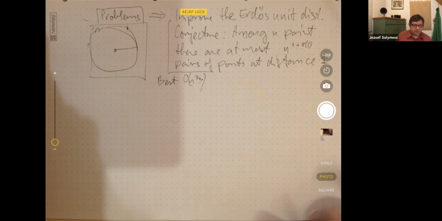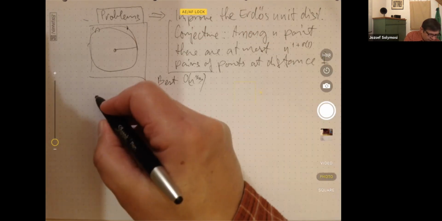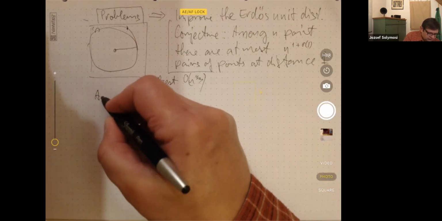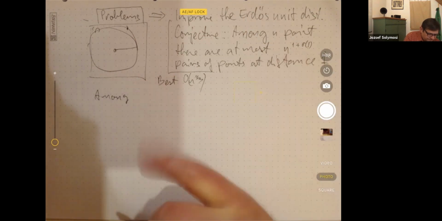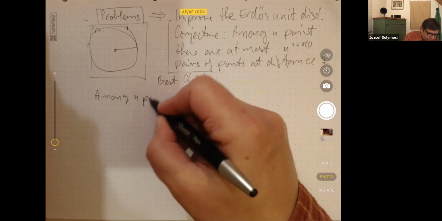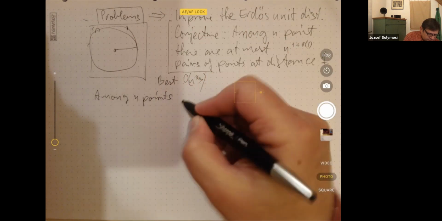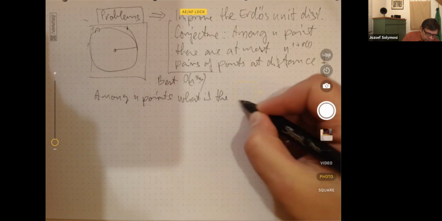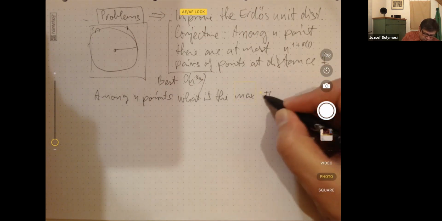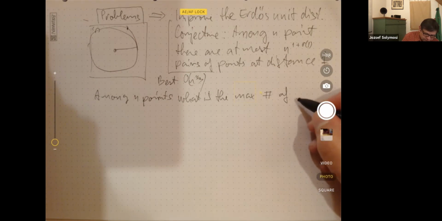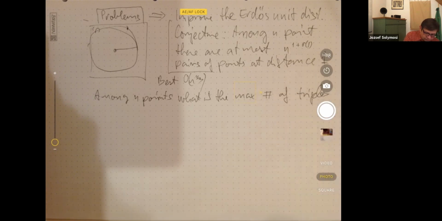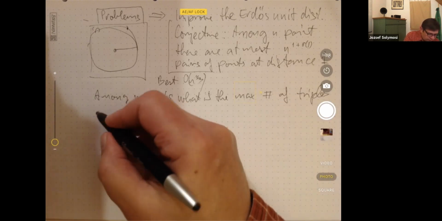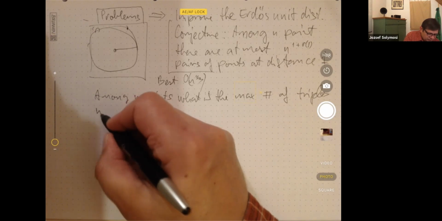So the first one, what was the problem we had? Among n points, what is the maximum number of point triples defining unit circles?